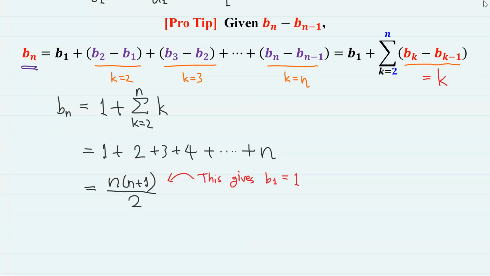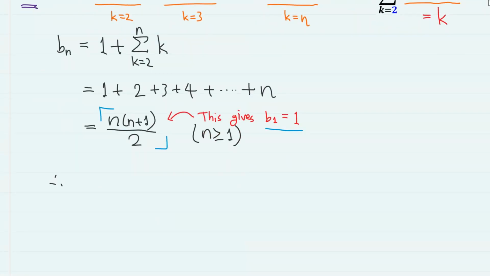Notice that even though we have calculated b_1 equals 1 separately, you can see that the result also holds for n equals 1, so we can say that b_n is given as n(n+1) over 2 for all natural numbers n. So we have S_{n+1} divided by S_n given as n(n+1) over 2 for all natural numbers n.